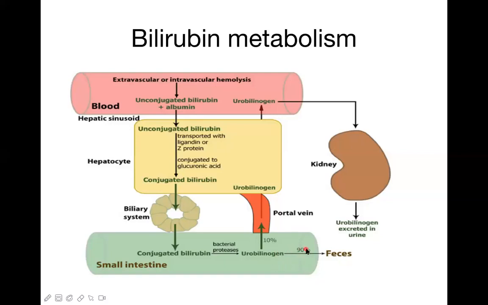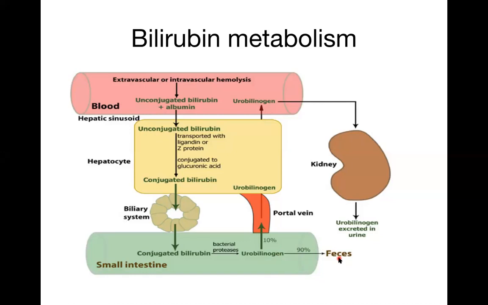Urobilinogen will turn into stercobilinogen, then stercobilin, and that stercobilin will be excreted in the fecal matter. One very important point here: the slightly yellow color of the feces is because of this substance known as stercobilin. Never forget this.